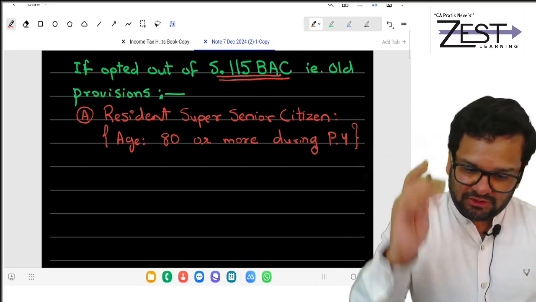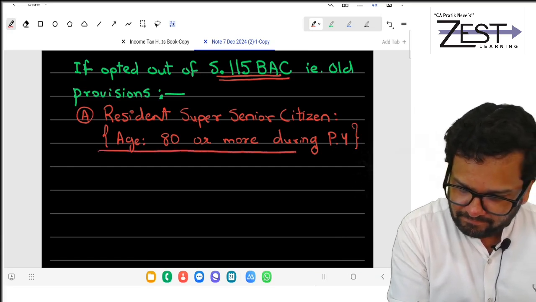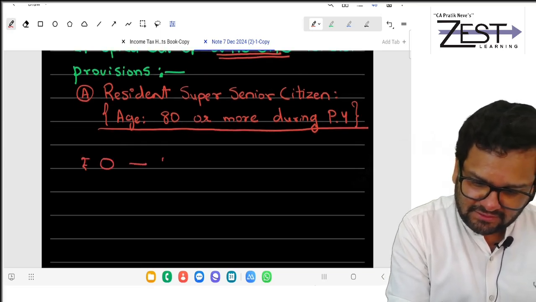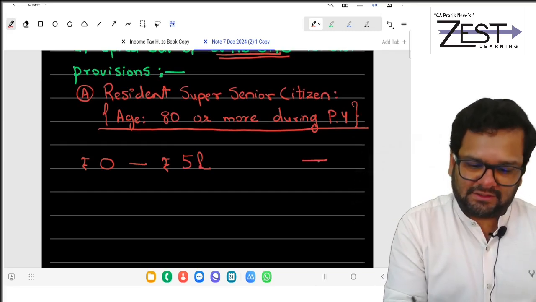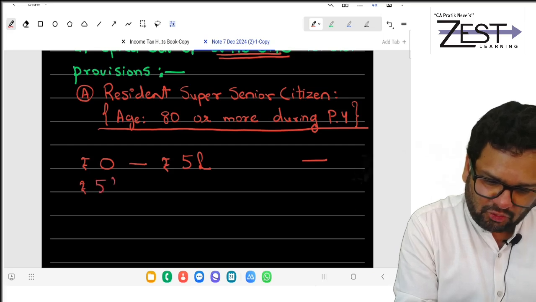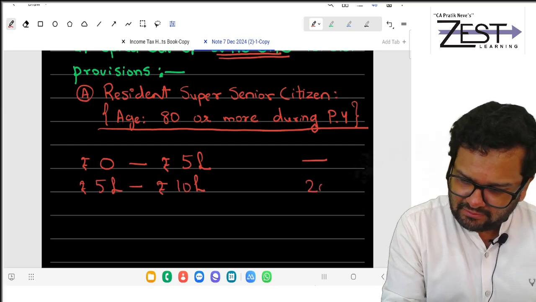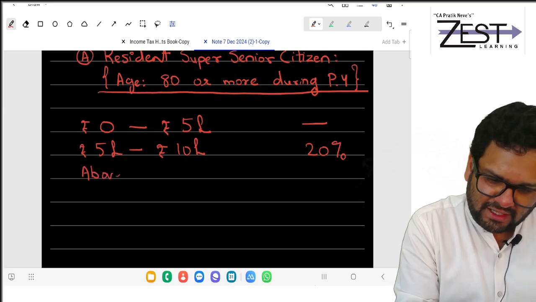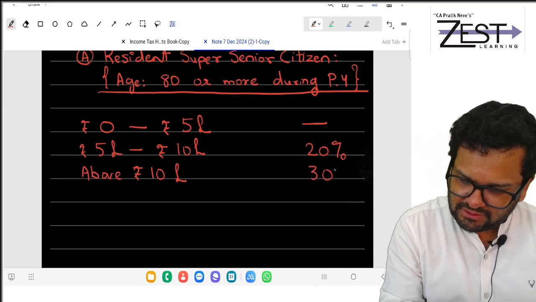So 80 or more. Then what are the slabs? Then 0 to 5 lakhs, directly 0 to 5 lakh, no tax. 5 lakh to 10 lakh, tax is at 20%. And above 10 lakhs, tax is at 30%.